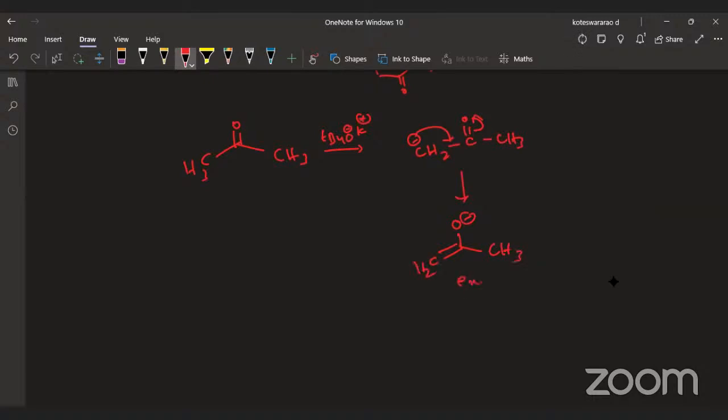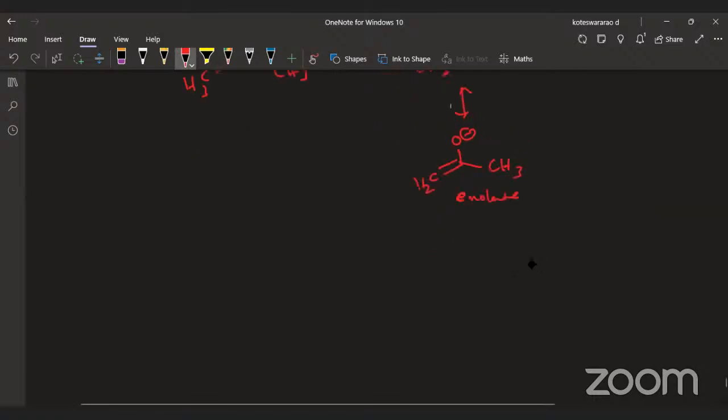This enolate initiates the nucleophilic attack. These two are resonance structures of each other, both tautomeric structures. In generalized form, you can give this kind of nucleophilic substitution.